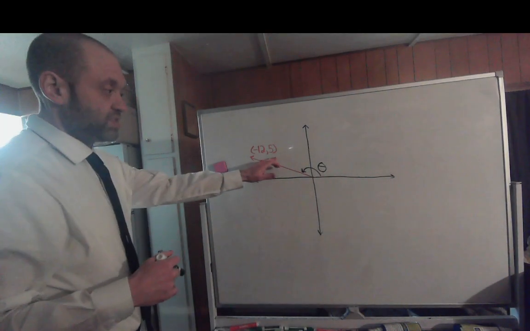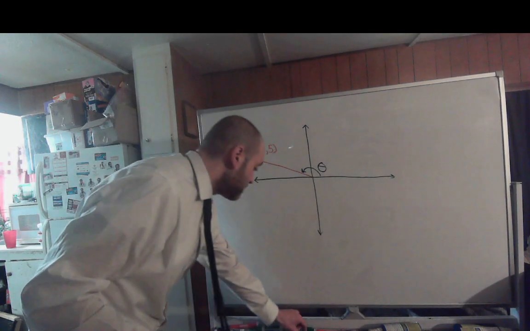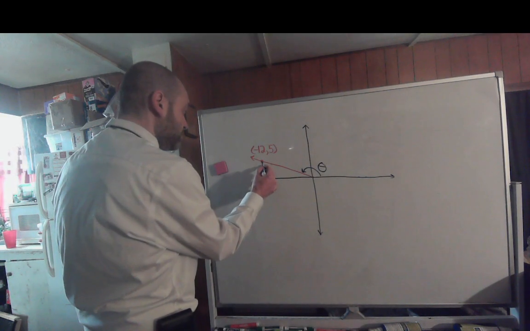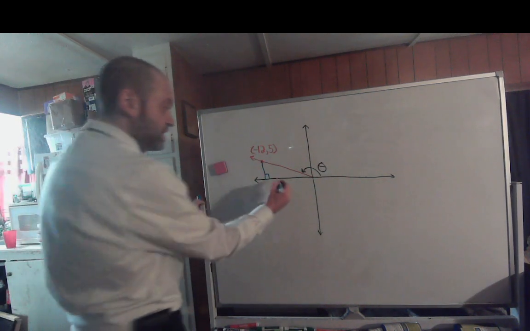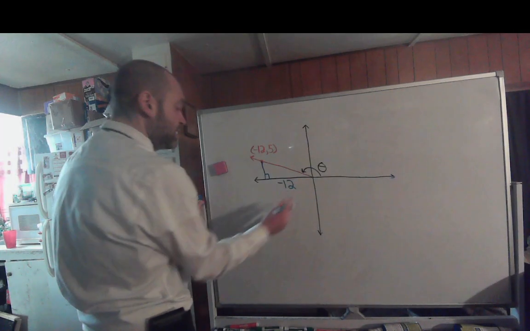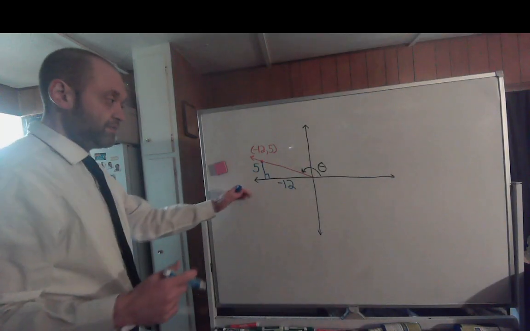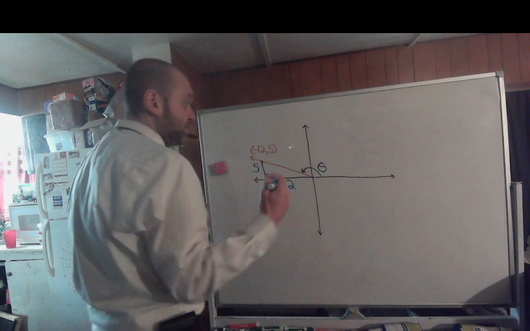On the terminal side is the coordinate negative 12, 5. We need to find the radius. Well, let's go ahead and set ourselves up a right triangle. That's going to make our lives a lot easier. So the x is over negative 12, and then the height is 5, so it's up 5 units, so we're definitely in the second quadrant.